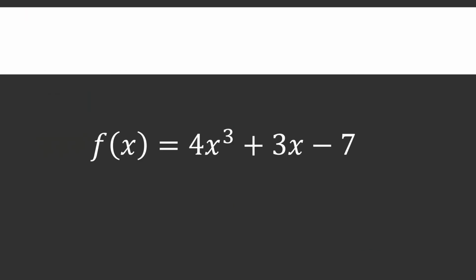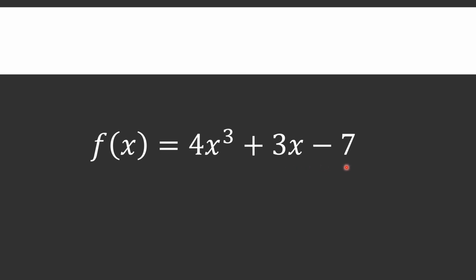Now let's proceed to mastering the identification of the leading term, leading coefficient, degree, constant term, as well as the type of polynomial function. For this one, we have f of x is equal to 4x cubed plus 3x minus 7.